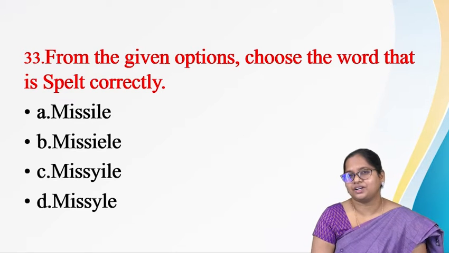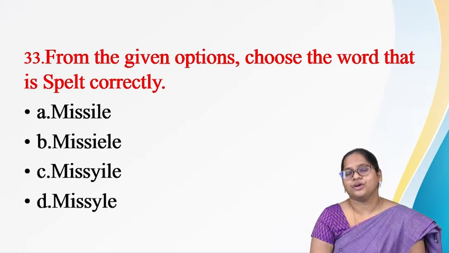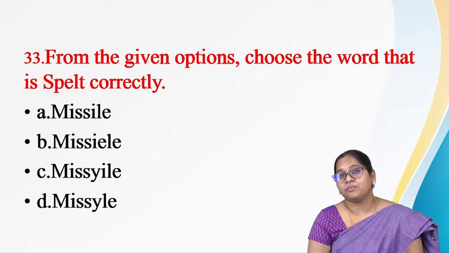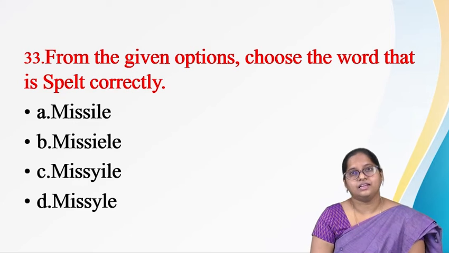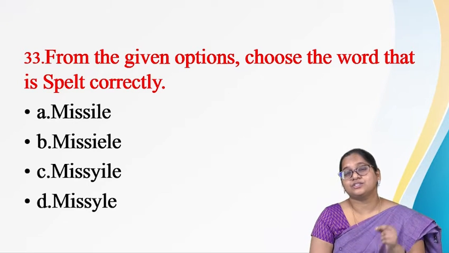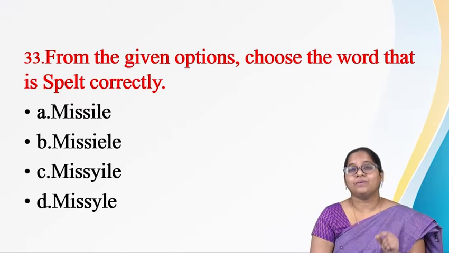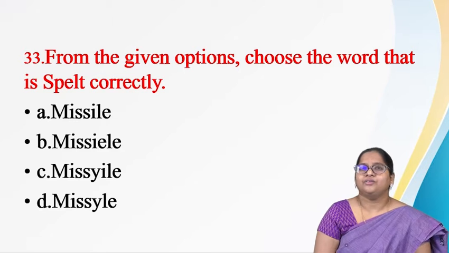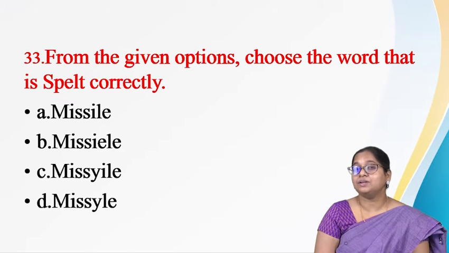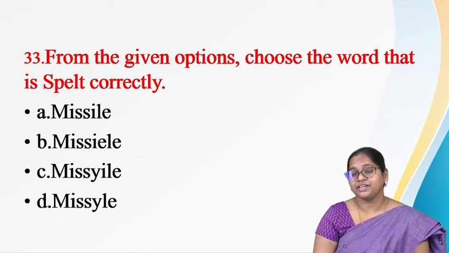Missile. The sound is different. Now, what's wrong with this? You have to check the spelling. Is it Missile, or Missiele, or Missyle? Here so many letters are very confusing, and double letters are given, right?